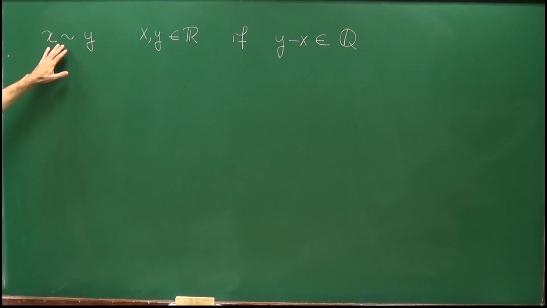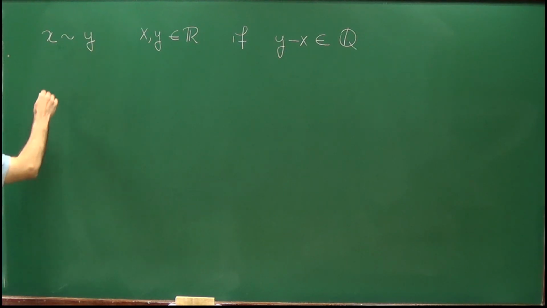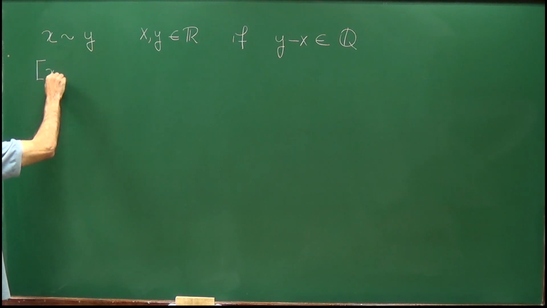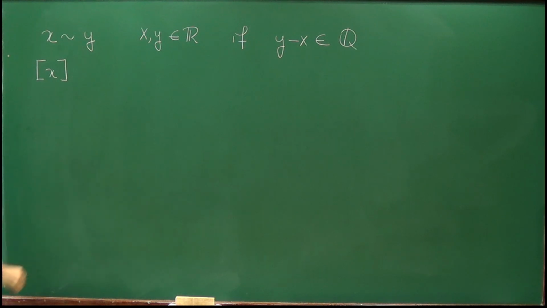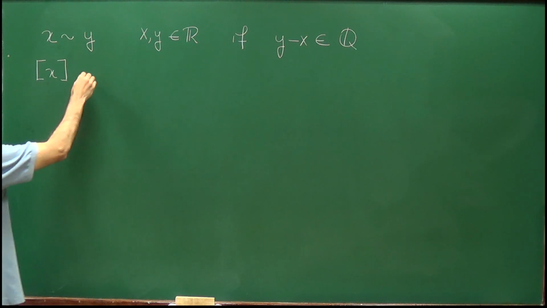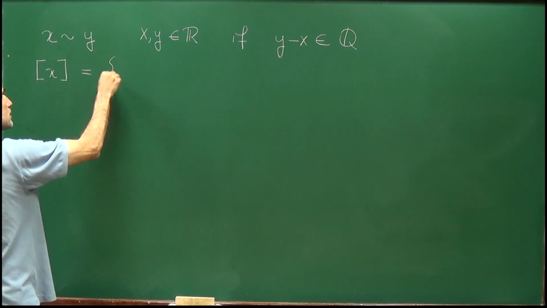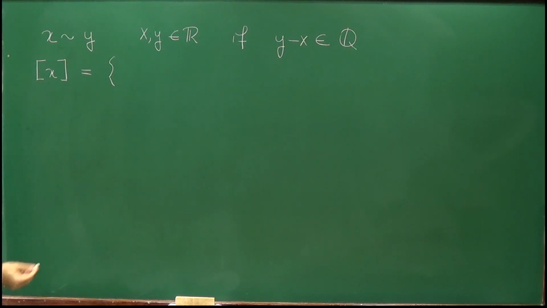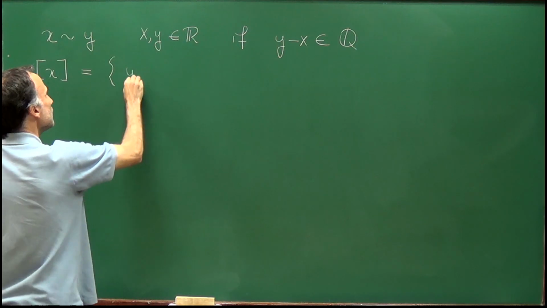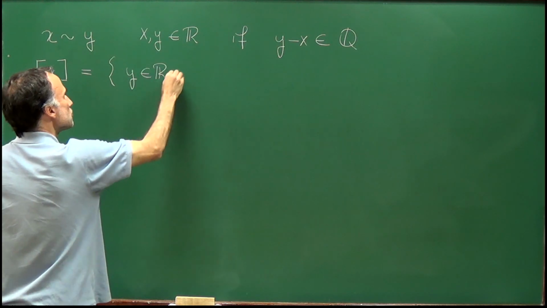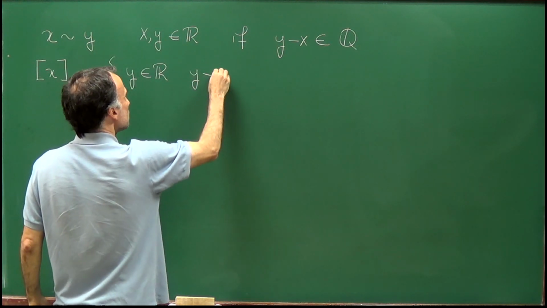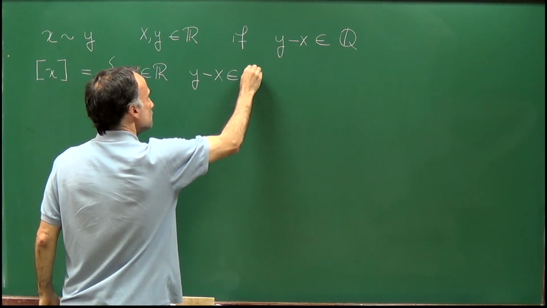So this defines an equivalence relation in R, and I will represent by this symbol the class of equivalence of x. So this is the set of all points in R which are equivalent to x. So these are all y in R such that y minus x is irrational.